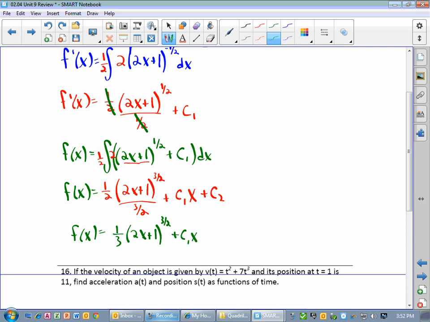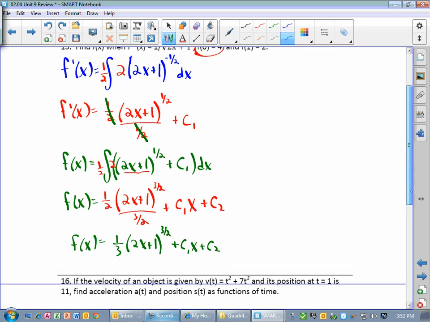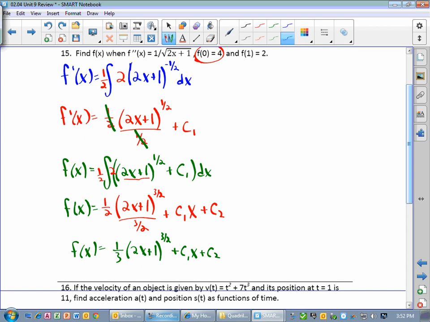plus c1x plus c2. And so we look at our initial values. So f of 0 and f of 1. F of 0, by plugging in 0 for x, we get 1/3 times 1 to the 3/2 plus c1 times 0, which would be 0, plus c2 is equal to 4, which means that c2, if we just subtract 1/3 from both sides, must equal 11/3.